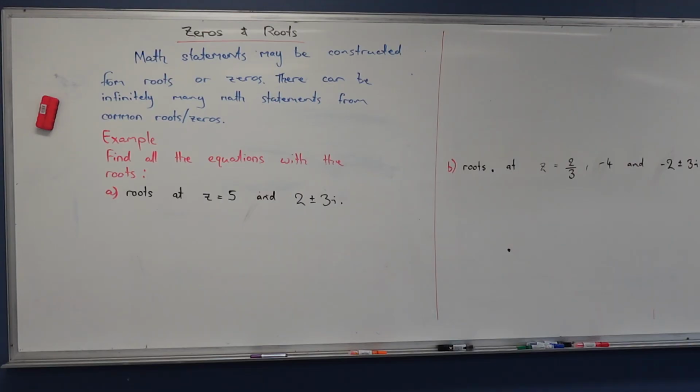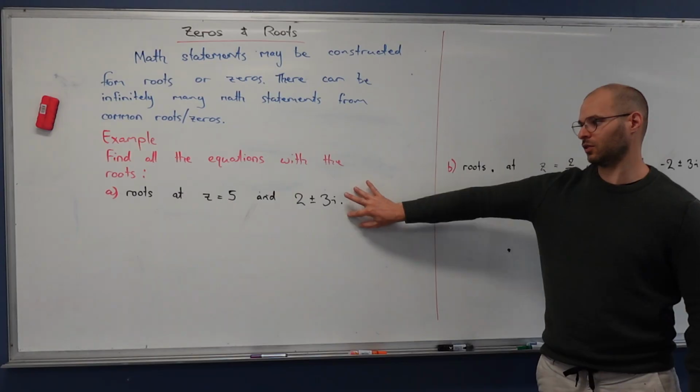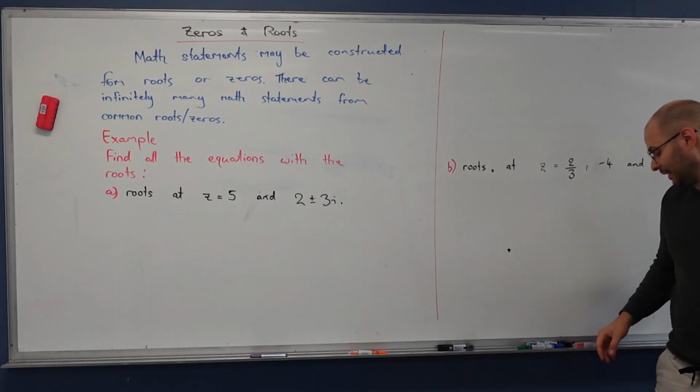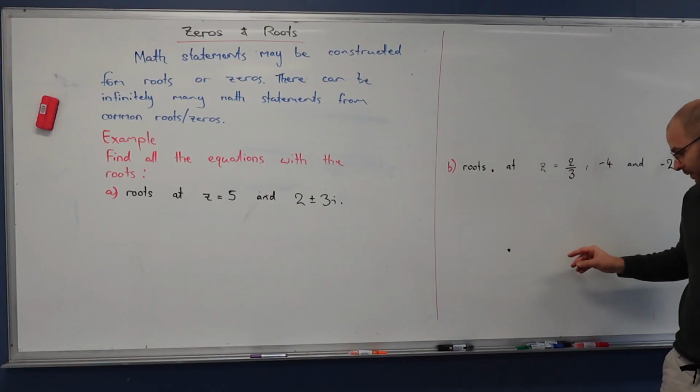Now with these, we can do it, but there's one thing to keep in mind. There are infinitely many equations and infinitely many functions and expressions that satisfy having these roots or zeros. But we deal with it in a particular way.